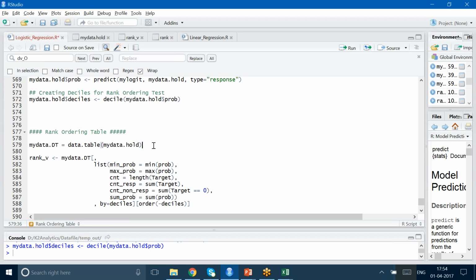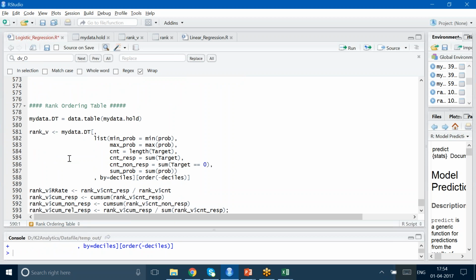Okay, for now, let me keep doing this copy paste thing, Control R, and this rank ordering, I'll keep rank underscore V only. I'm not changing it. So let me run this.